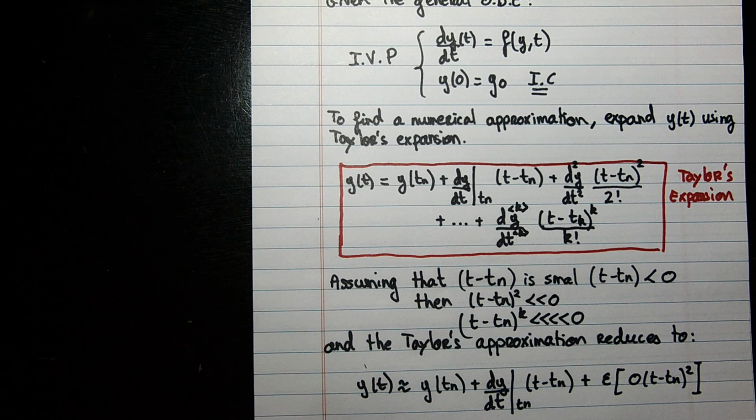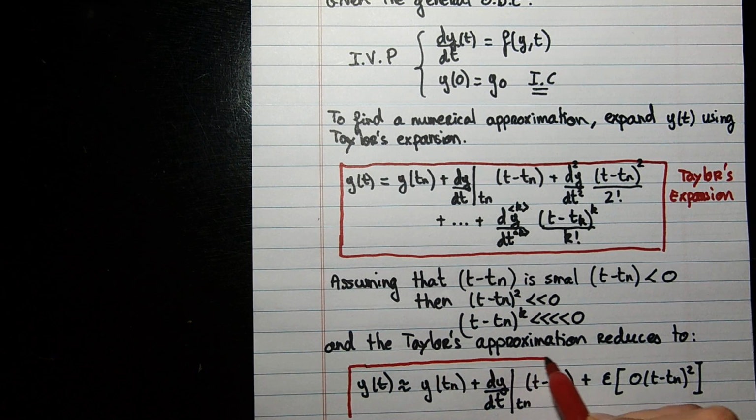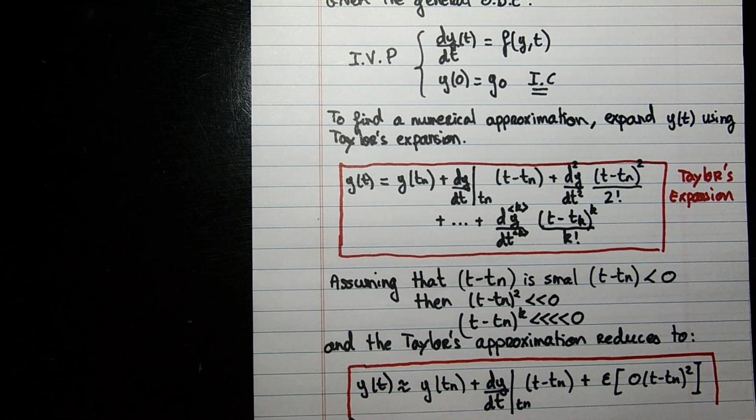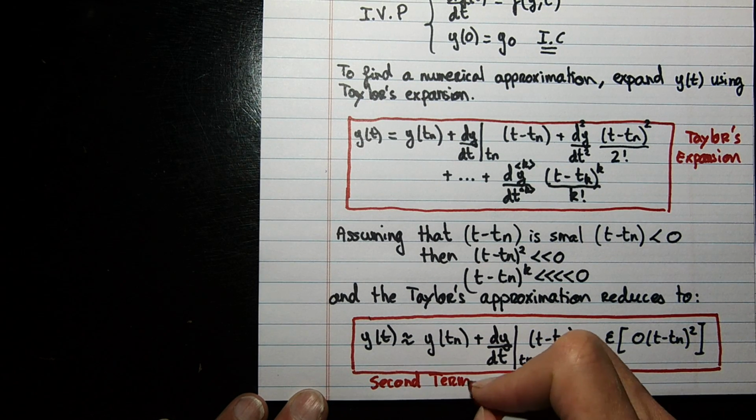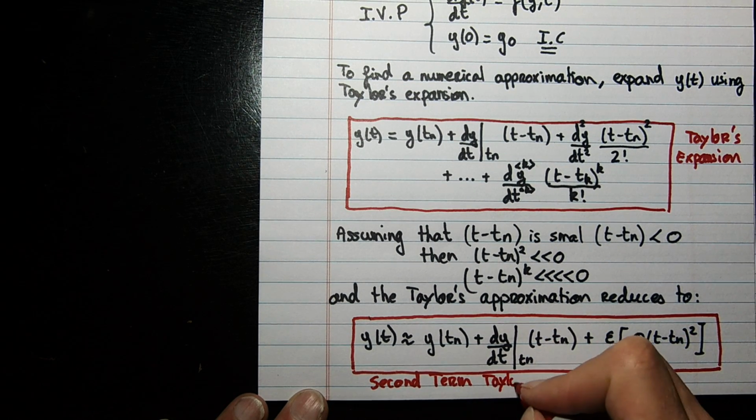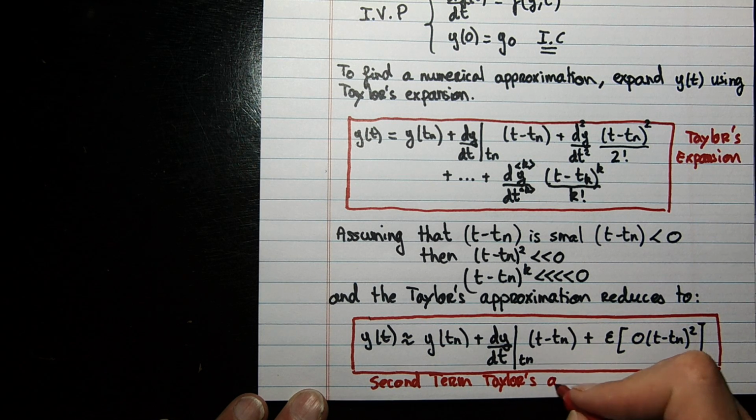Okay, so this basically will be the second term of the Taylor approximation. So 1, 2, so it will be the second term Taylor's approximation.